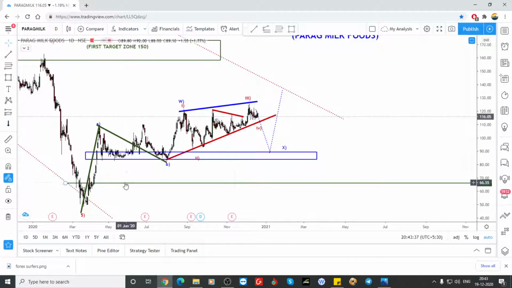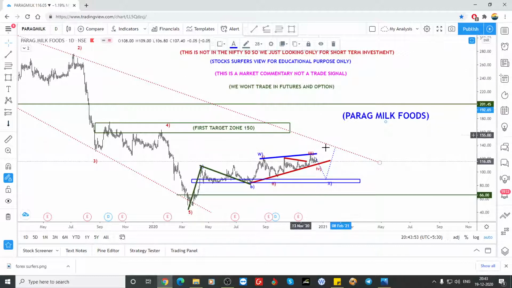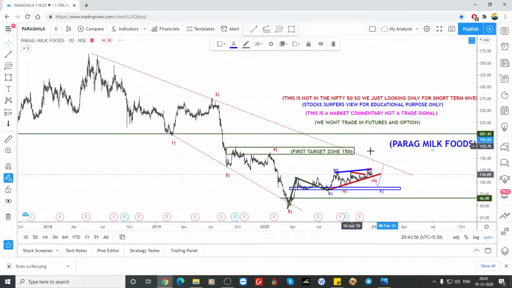So in that case, this ABC is a W. So ABC, A, B and C, that will become an expanded flat, sorry, a running flat of WX. So A, B and C can go above this trend line, this downward trend line channel also.